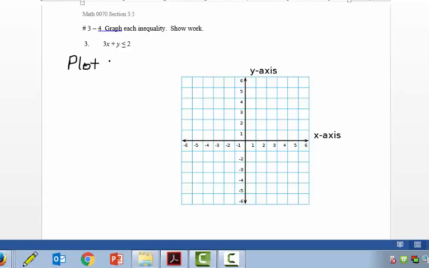So we're going to graph 3x plus y equals 2 as a solid line, because points on the line are solutions to the inequality.